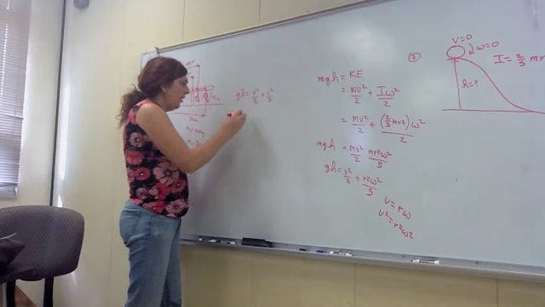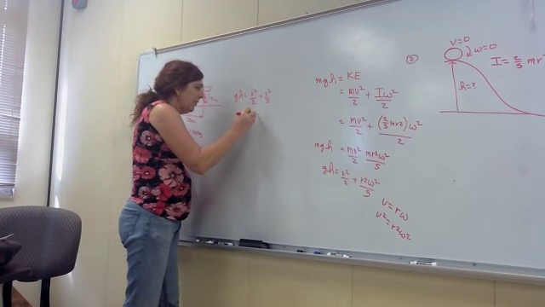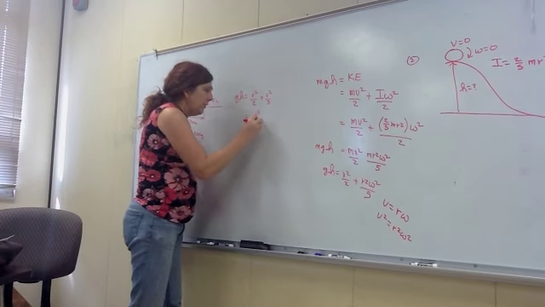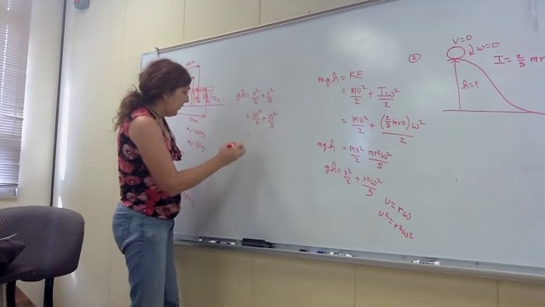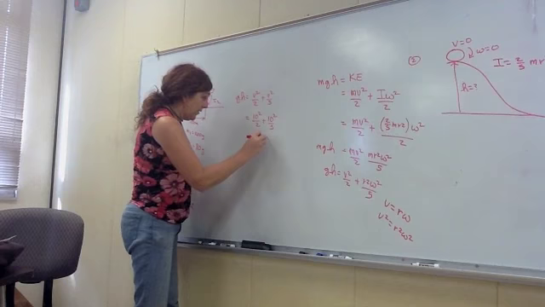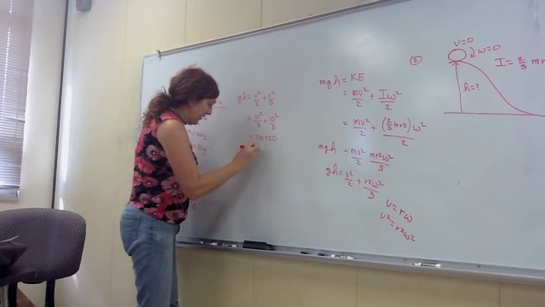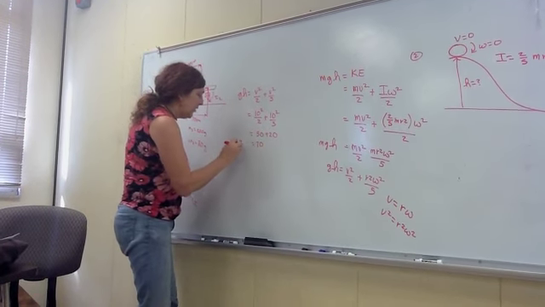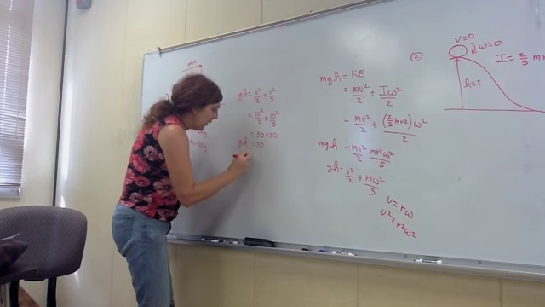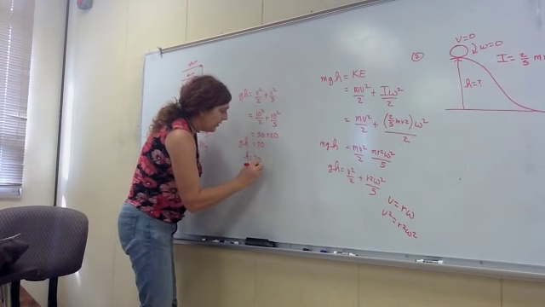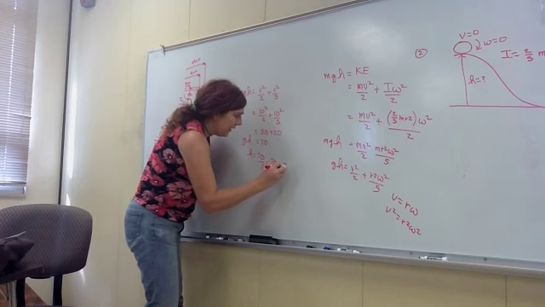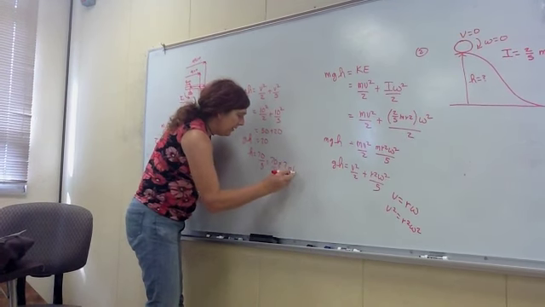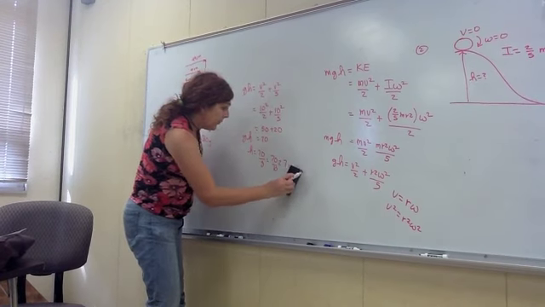So we have 10 squared over 2 plus 10 squared over 5. One's going to give us 50, the other's going to give us 20. So we have 70 on the one side, gh on the other, and if we use our approximation for g as about 10, it's going to give us approximately 7 meters. The hill is about 7 meters tall.